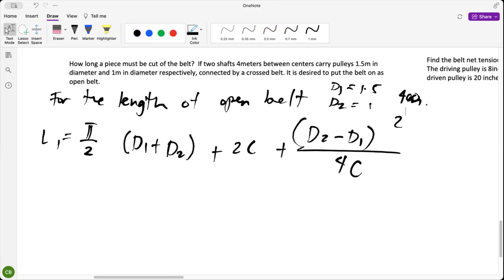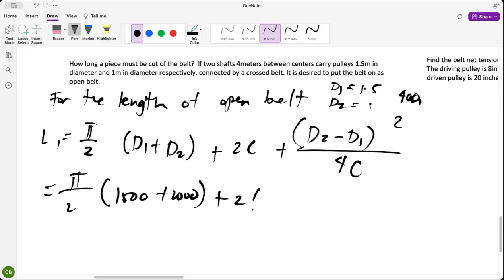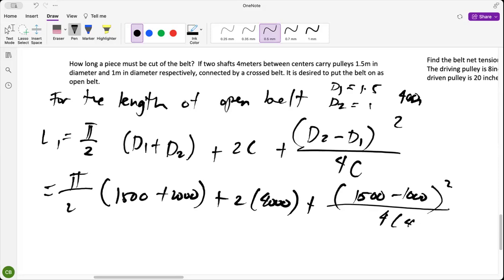Okay, so we just substitute it. So we have pi over 2 multiplied by 1.5 minus plus 1,000 plus 2 times 4,000 plus 1.5 minus 1,000 squared over 4 times 4,000.